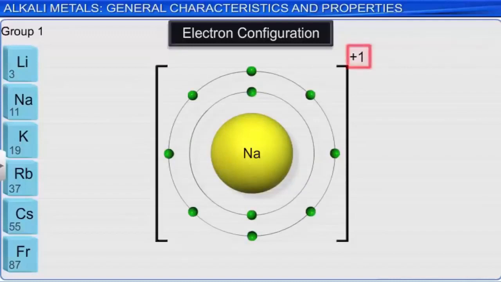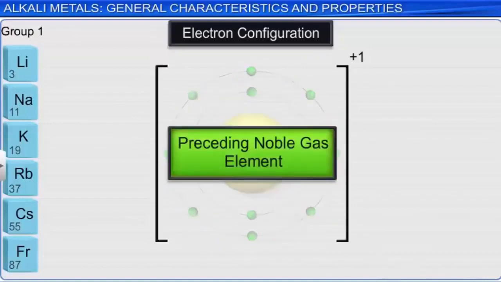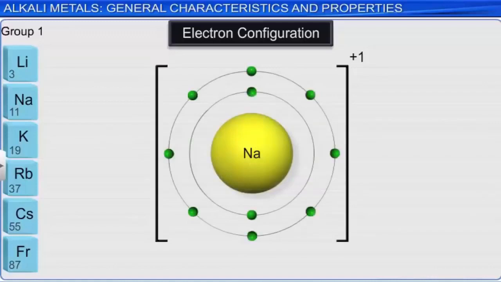When you compare the number of electrons and protons, 1 proton is in excess. That's why it is denoted as plus 1.